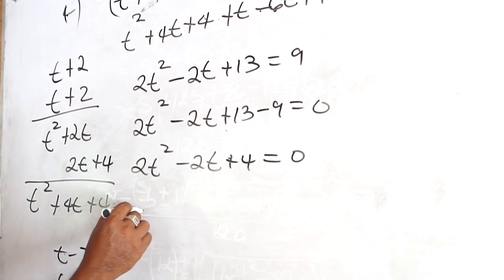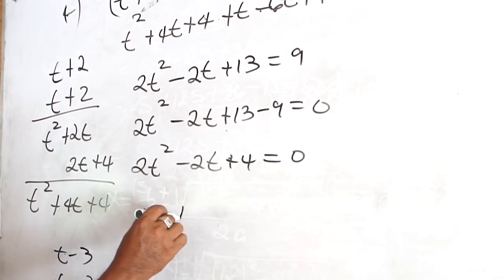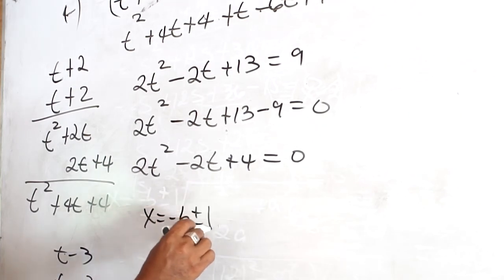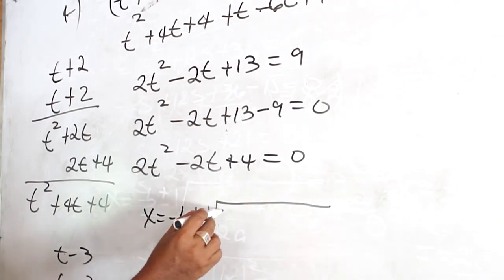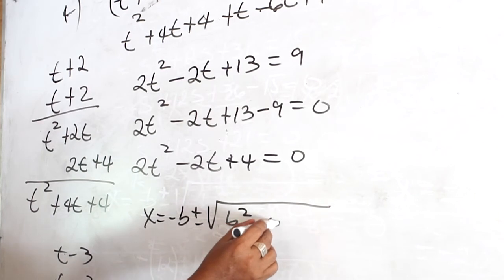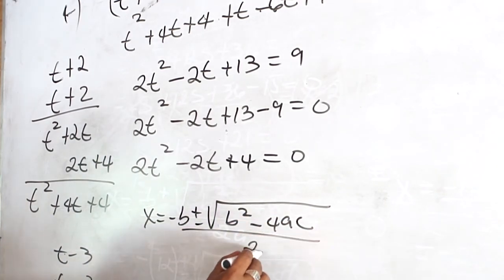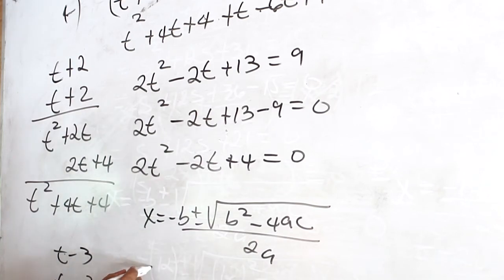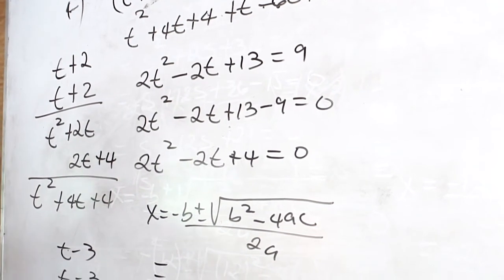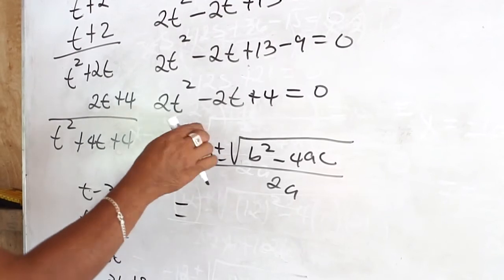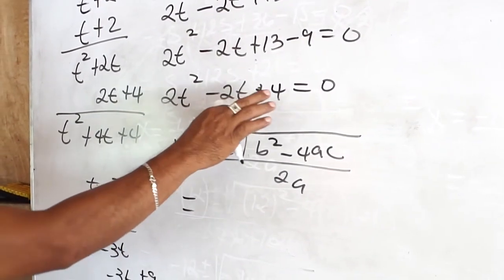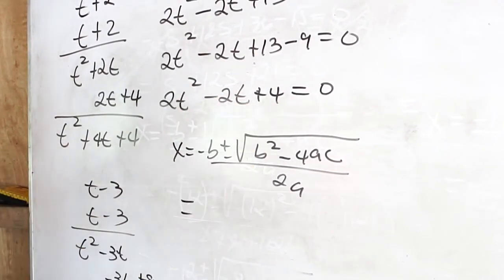Okay, we have x is equal to negative b, positive and negative, the square root of b squared, negative 4ac, then over 2a. Then the value of a is 2. Then the value of b is negative 2 and the value of c is positive 4.